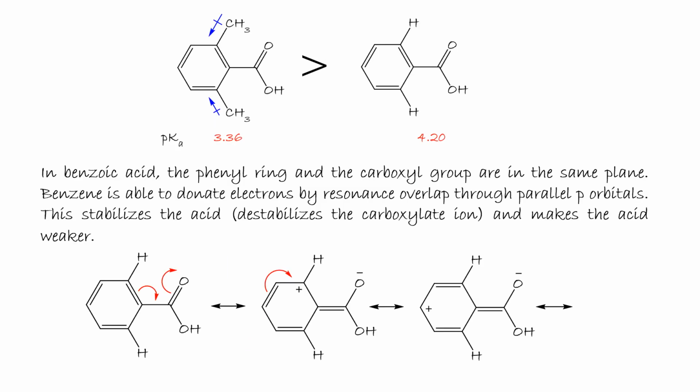Now, coming to benzoic acid, 2,6-dimethylbenzoic acid is a stronger acid than benzoic acid. In benzoic acid, we have a carbon with a pi system, so there is a p orbital, and here again we have a p orbital.